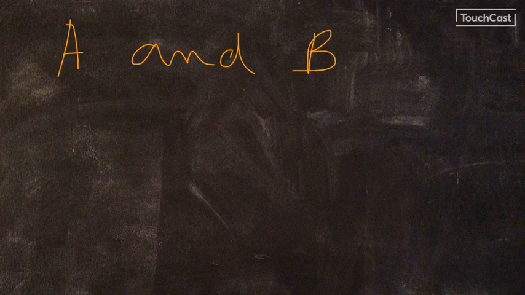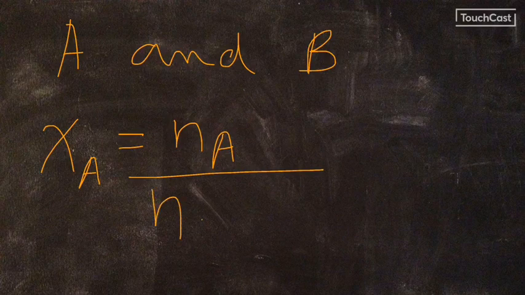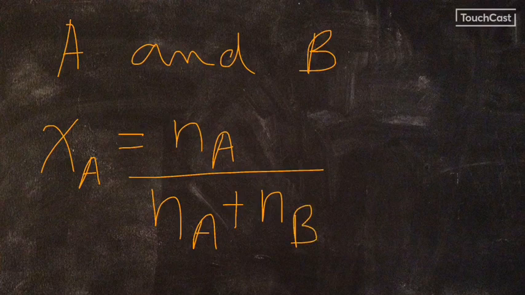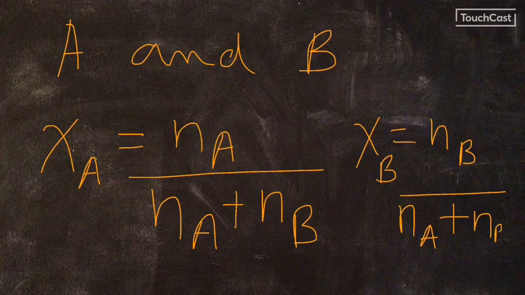Suppose you have two components A and B. The mole fraction of A, chi A, can be represented as number of moles of A divided by total number of moles, that is number of moles of A plus number of moles of B. And chi B, that is the mole fraction of B, can be expressed as number of moles of B divided by Na plus Nb, that is total number of moles.